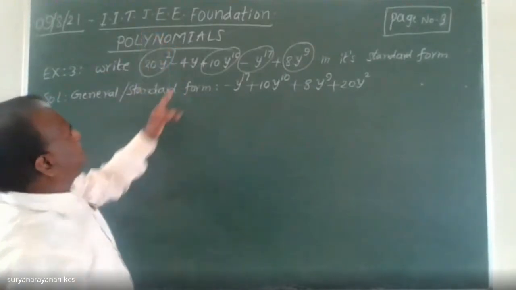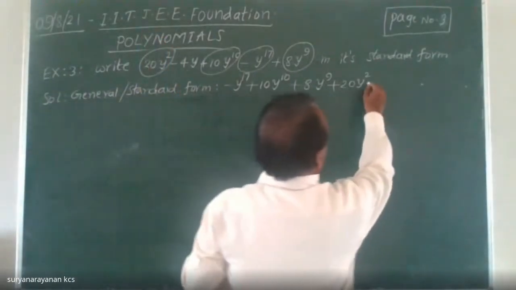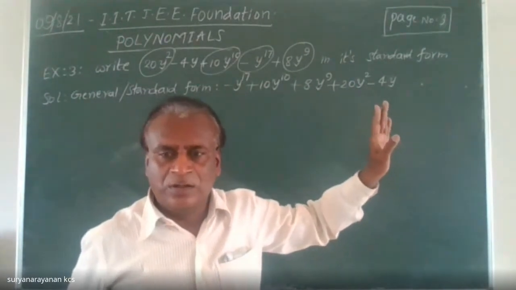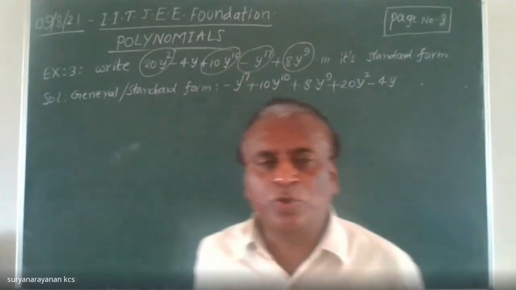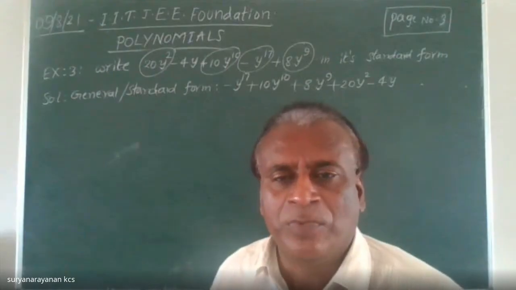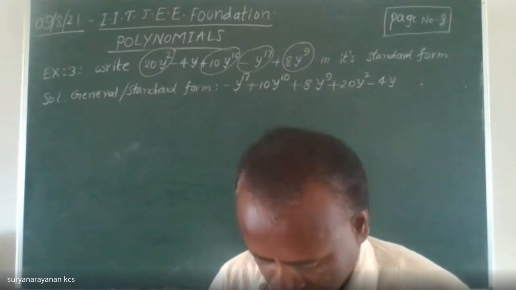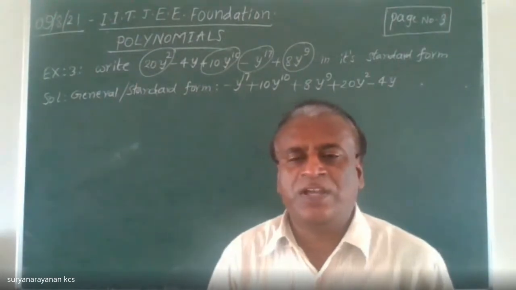And the last term is minus 4y. Okay. Is it clear, my dear children, how to write a polynomial in the general form or in the standard form? Yes.